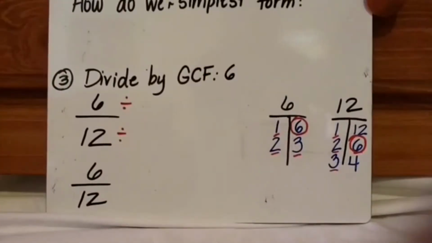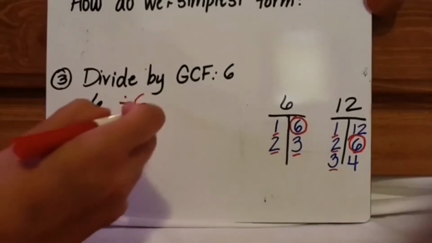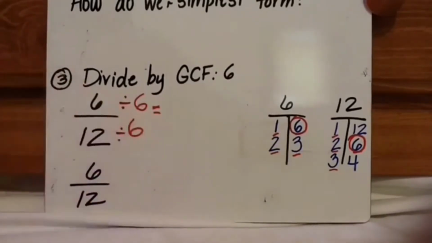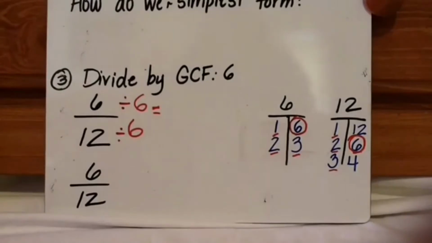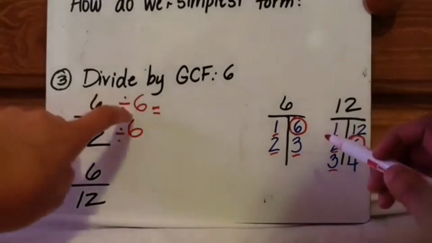Okay, so step 3 is divide by the greatest common factor, which is 6. So what you do is you write your fraction and you set it up and you write divide by 6, top and the bottom. 6 divided by 6, 12 divided by 6. Now this is where the T-chart method is amazing. You set up your division problem. 6 divided by 6.